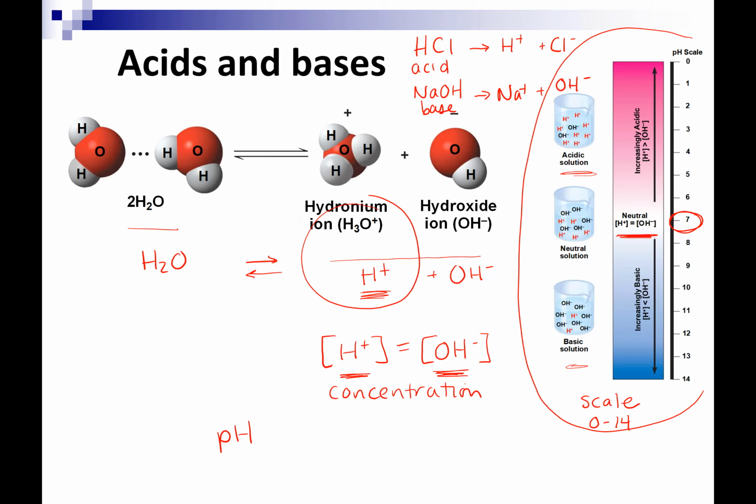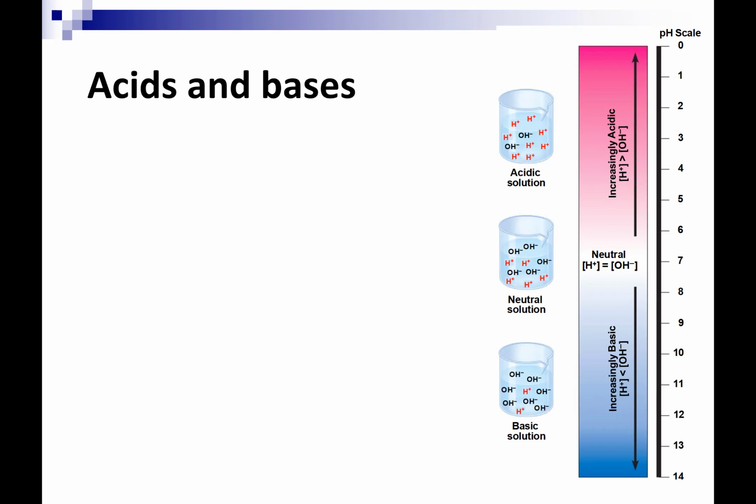So let's talk about what is actually pH. The definition of pH is the measurement of the hydrogen ion concentration in a solution.